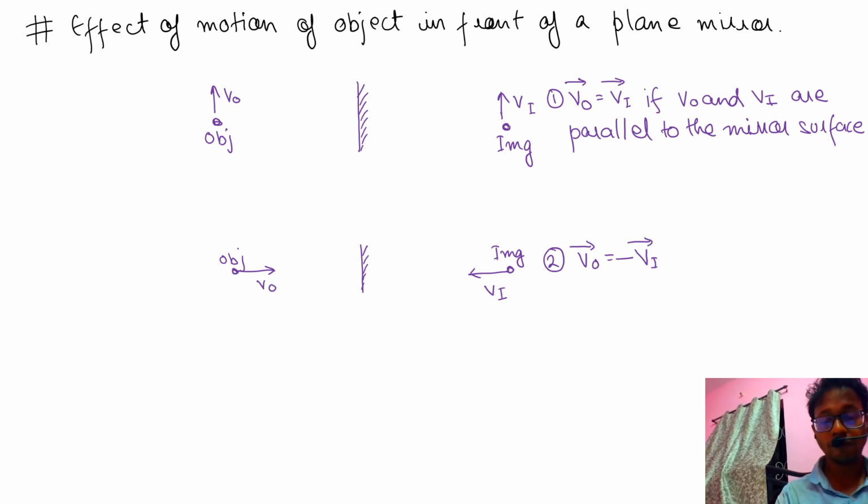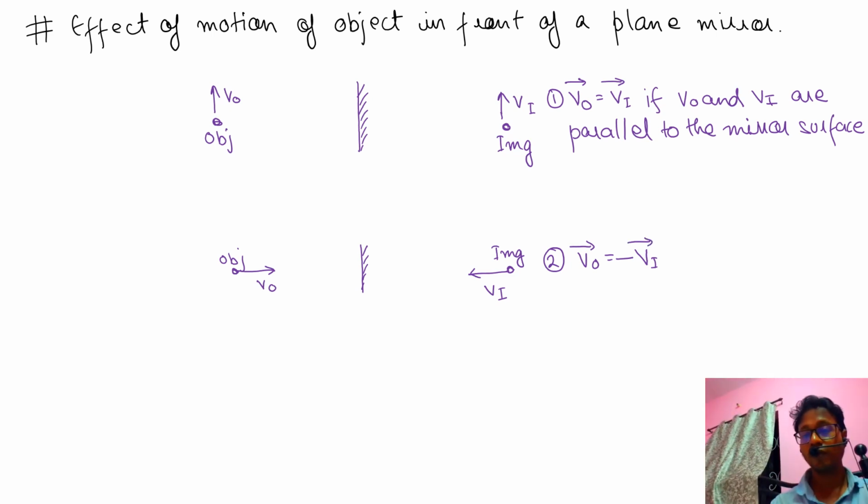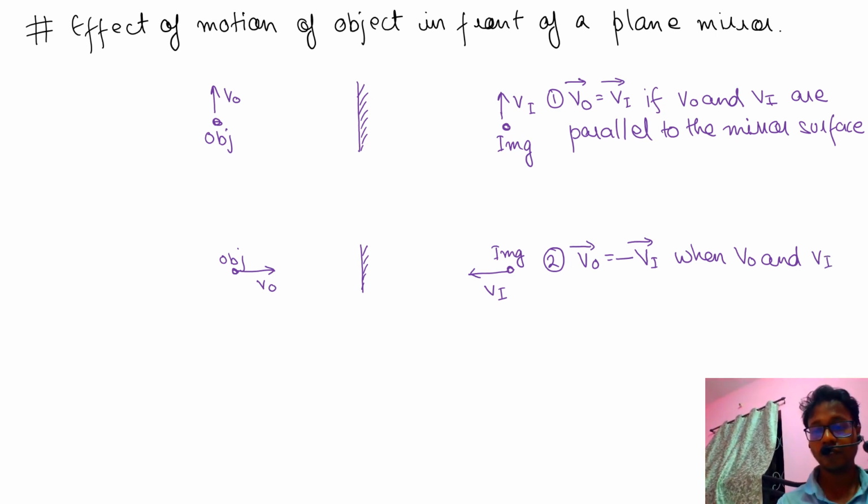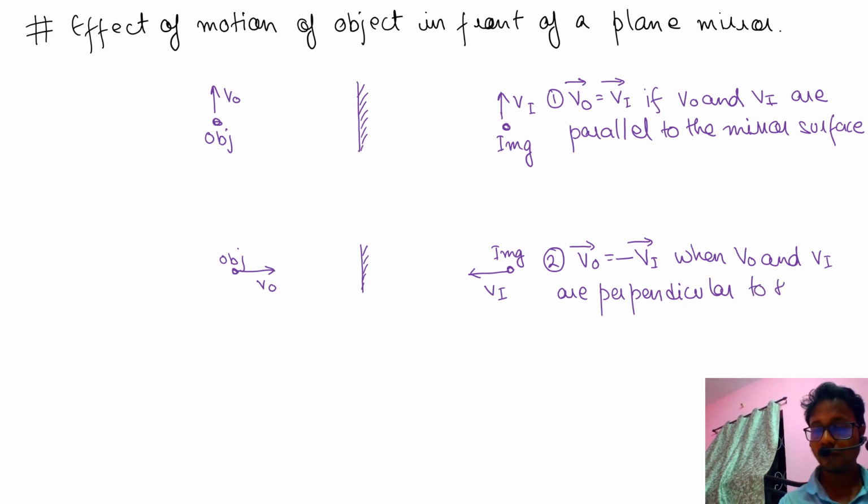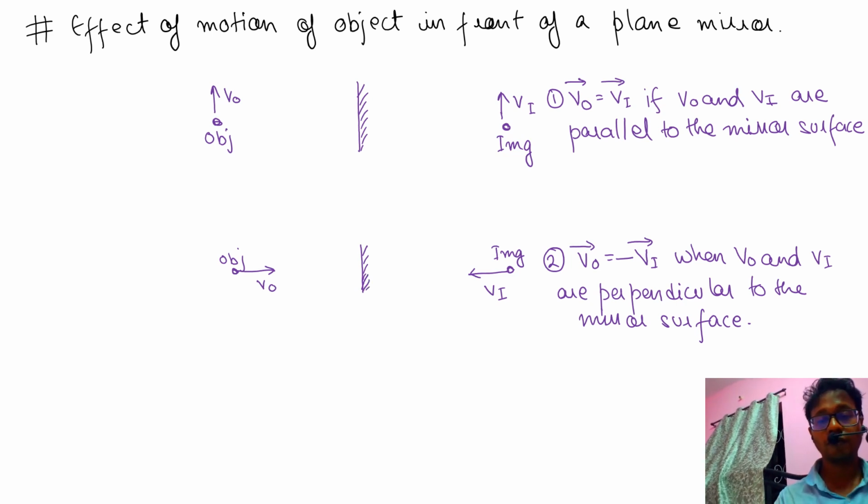Because the vector reverses its direction when VO and VI are perpendicular to the mirror surface. Understood?